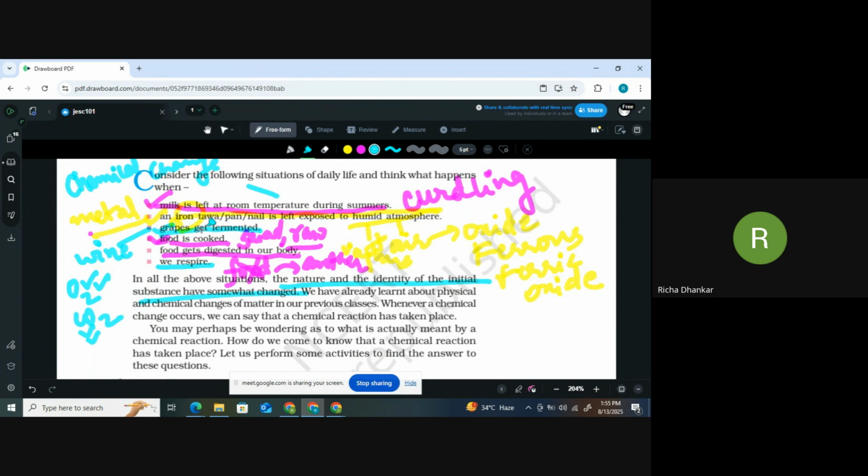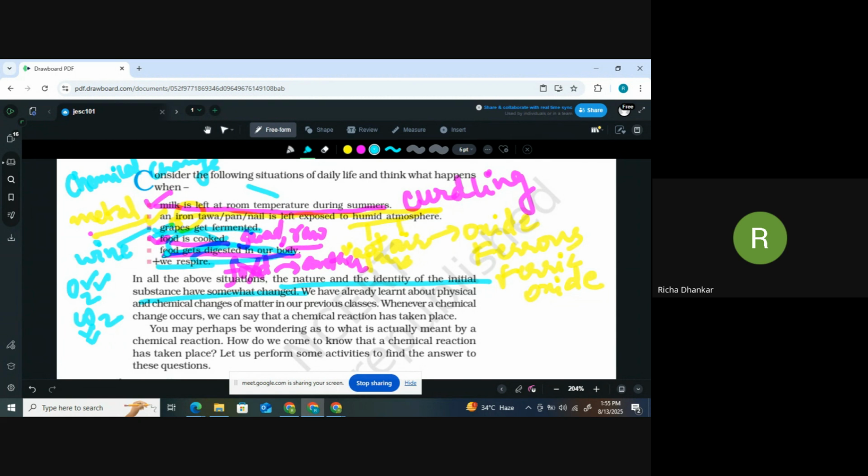Second, thirdly, now there are grapes being fermented. Grapes will never be formed again after wine formation. Food being cooked, food will never be uncooked again. After that, food getting digested, once you have eaten food, it will never come back to its original form of raw stored food at your home. After that, you have respired. The moment I'm talking to you, you are taking in oxygen and giving out carbon dioxide.